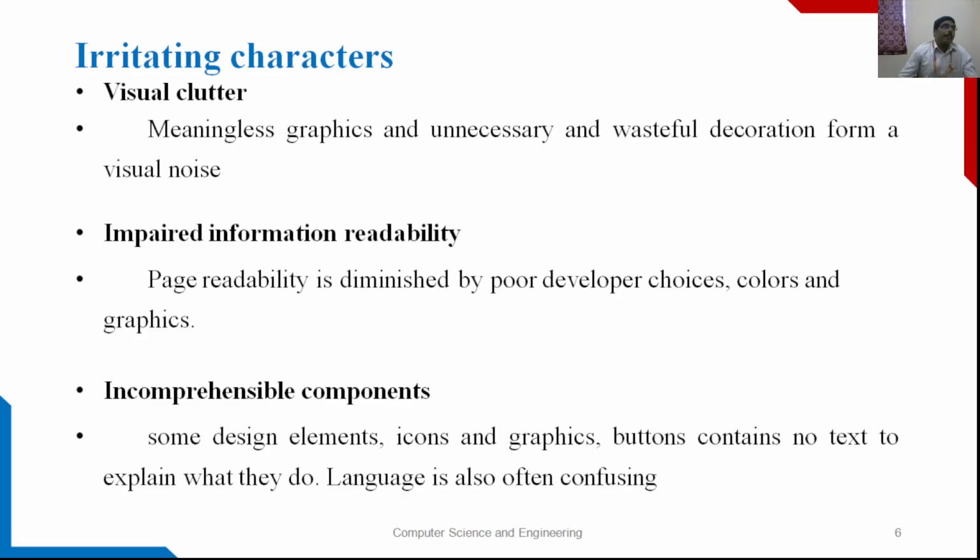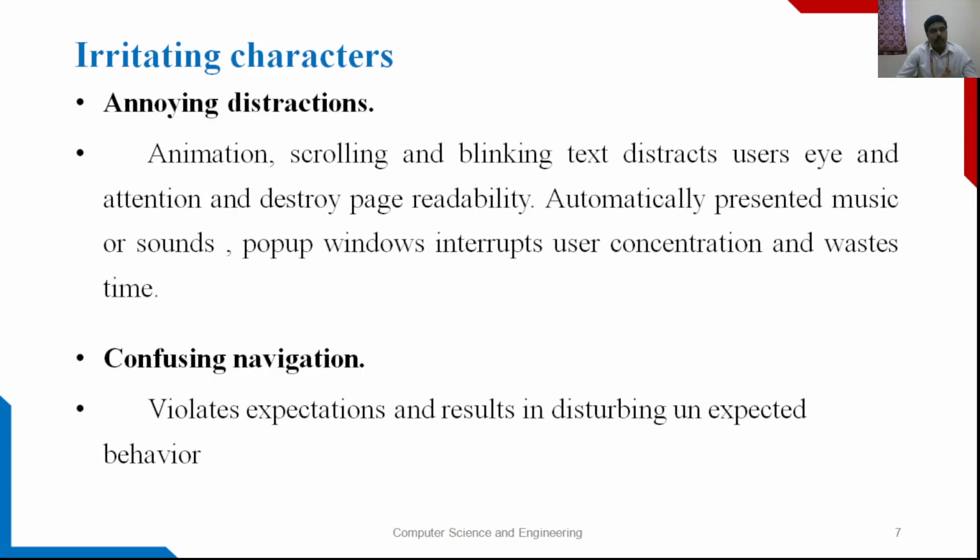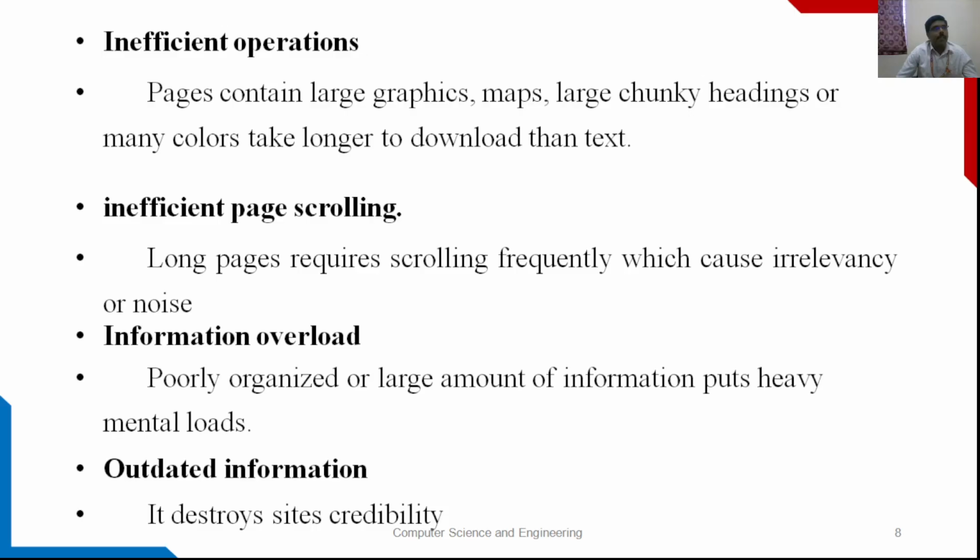Next, impaired information readability: page readability is diminished by poor developer choices in typefaces, colors and graphics. A few usability characteristics are wasteful of people's time, often quite irrelevant: inefficient operations, inefficient page scrolling, information overload, and outdated information.